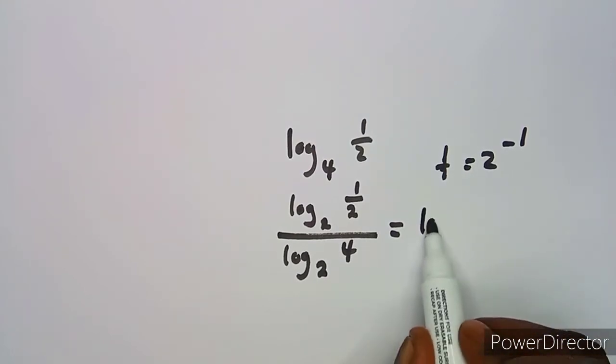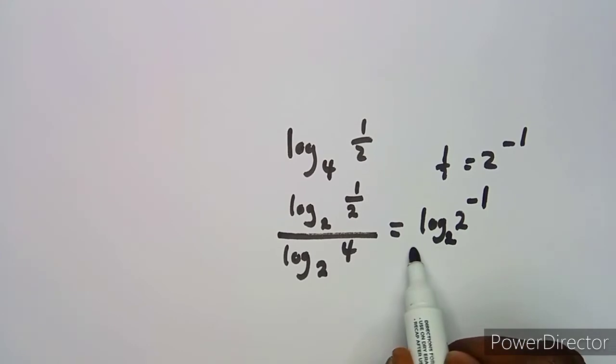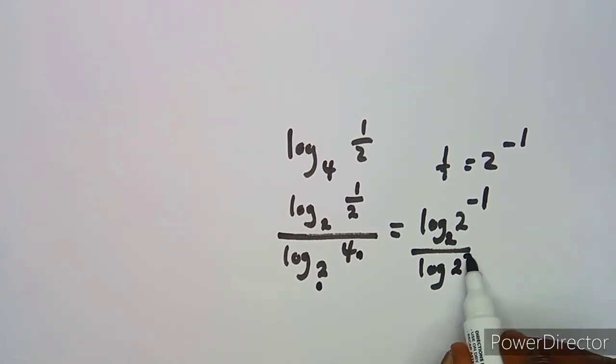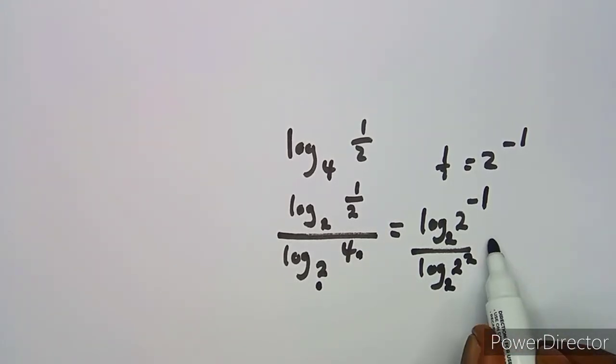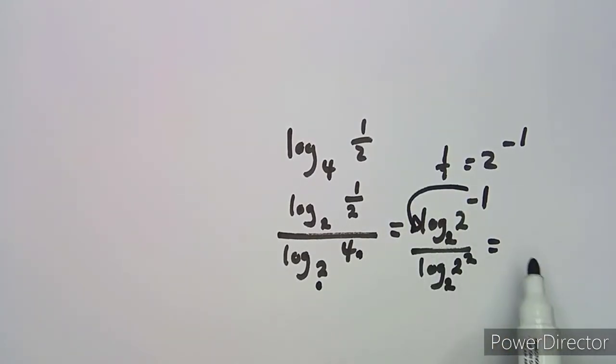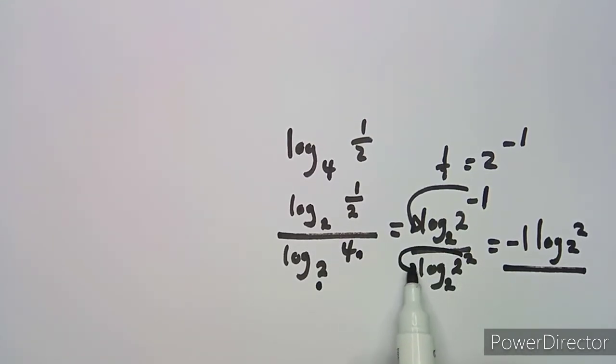So we can have this as log 2 to the exponent of negative 1 in base 2 over log 4 in base 2, which is 2 to the exponent of 2 in base 2. At this stage you have to drop the exponents. So it's going to be negative 1 log 2 base 2, over, you drop also this exponent, 2 log 2 base 2.